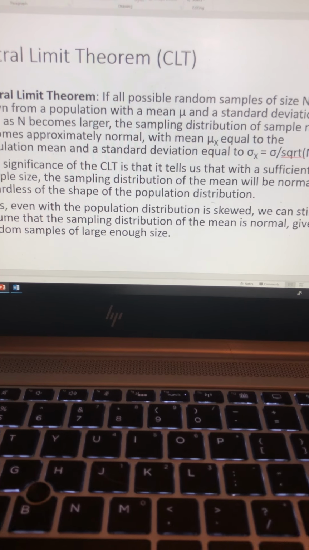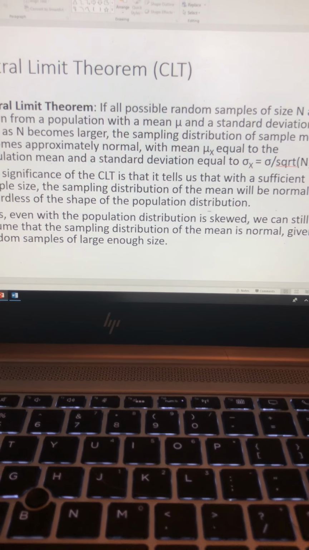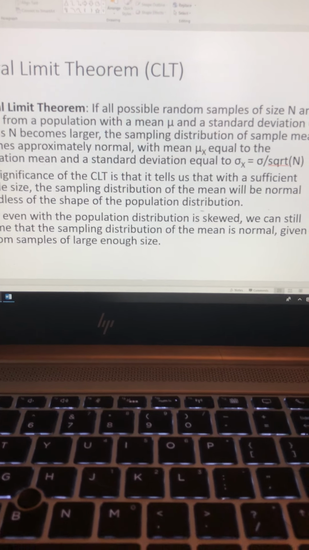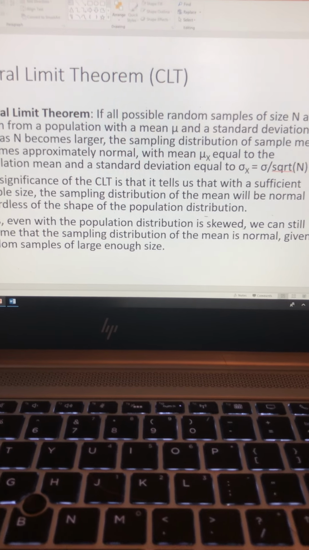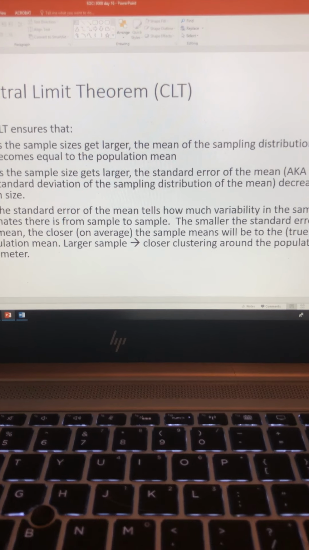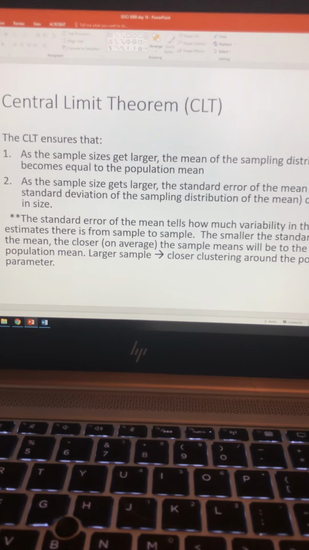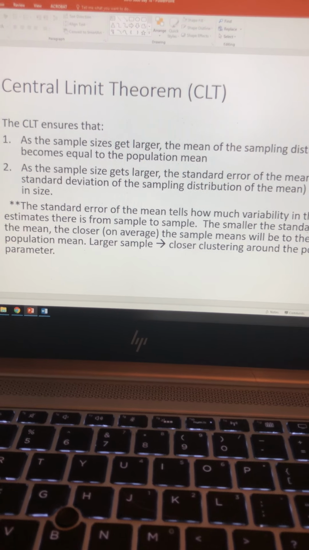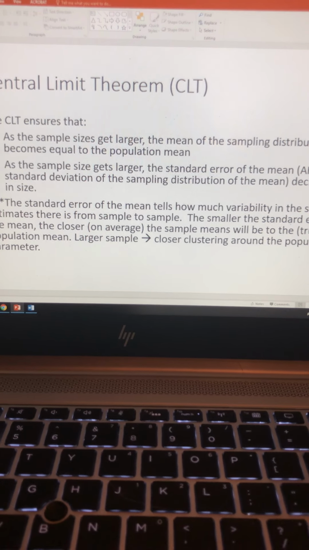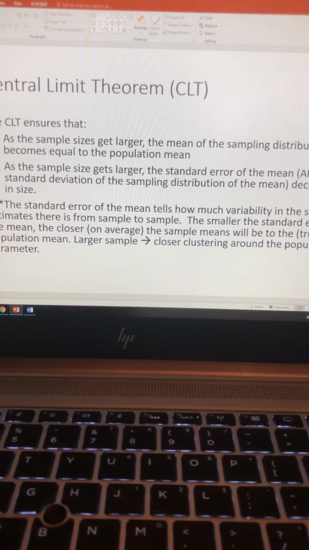So even though the population distribution is skewed, we can still assume that the sampling distribution of the mean is normal, given that the random samples are large enough. Okay. So, to rephrase that, the central limit theorem tells us that as the sample size gets larger, the mean of the sampling distribution becomes equal to the population mean.